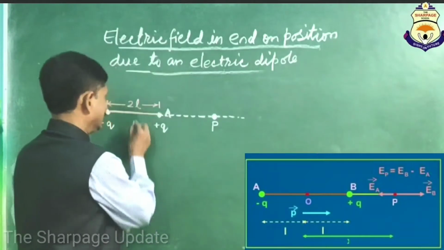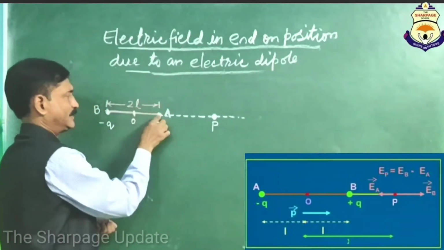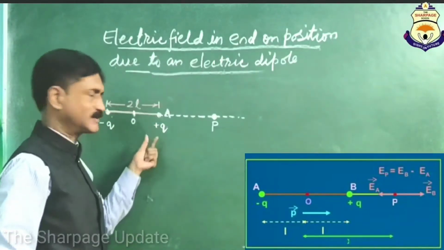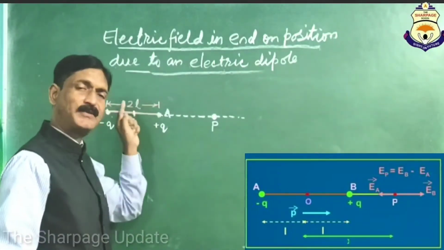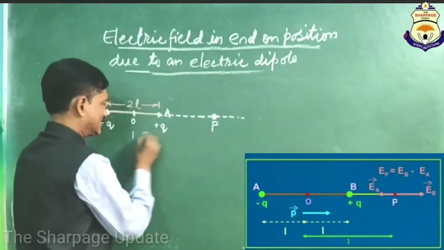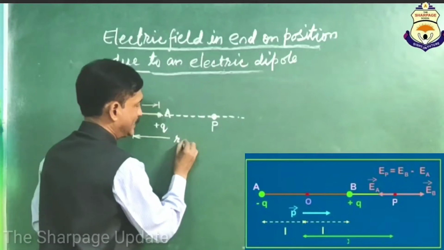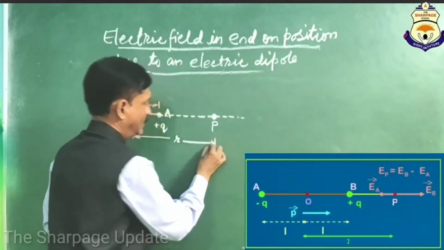Now, this is the midpoint of this electric dipole, means O is the midpoint of the axis of electric dipole AB. And the distance between the point O and point P is represented by r.